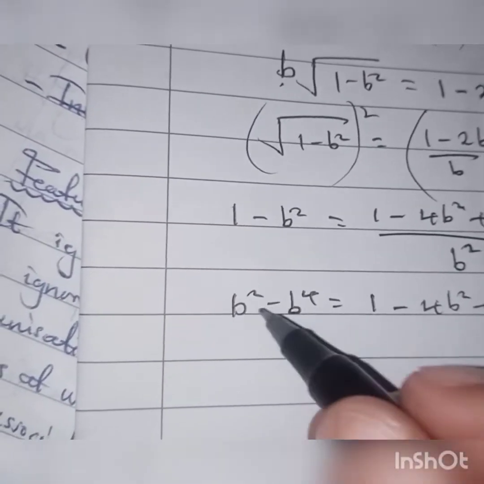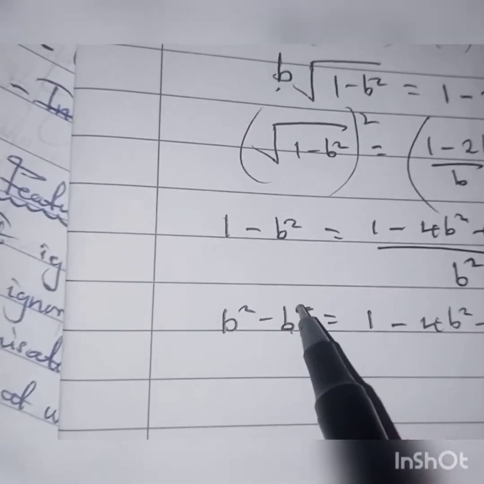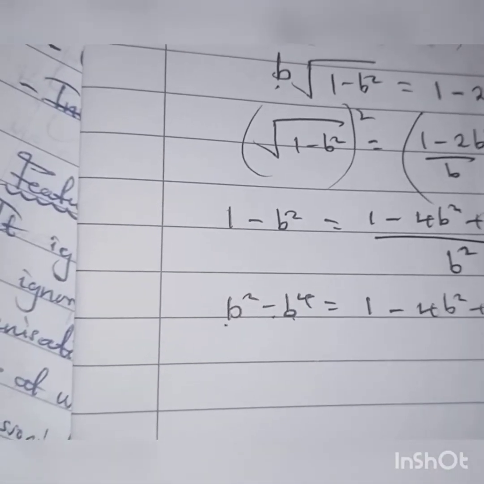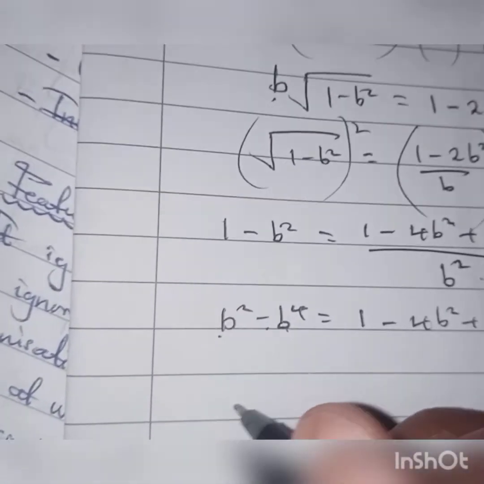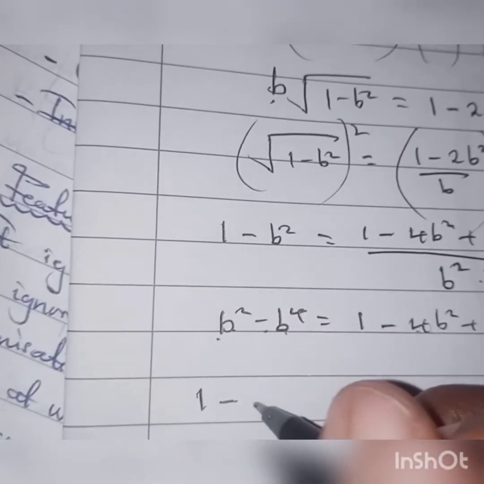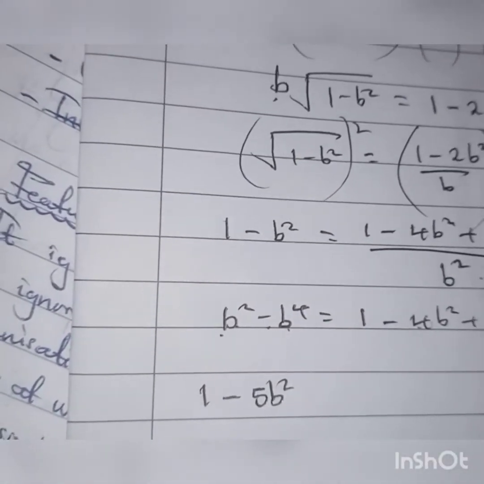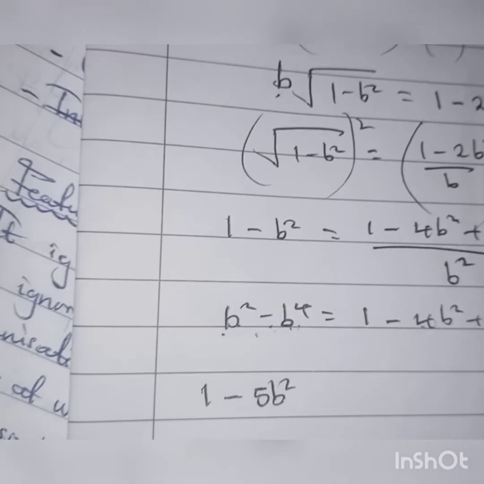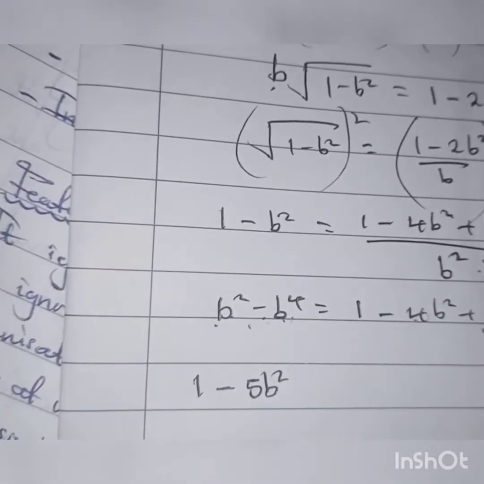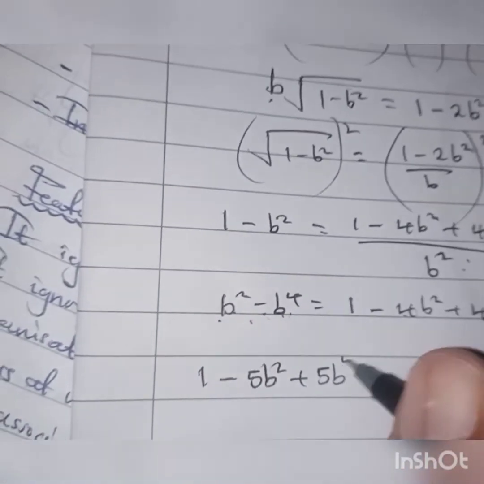So just take these two to the other side. This is minus, when it goes there it will be plus, and this one is positive, when it goes there it becomes negative. Therefore, it will be 1 minus 4b squared minus 1b squared to be minus 5b squared, then minus b raised to 4 plus, when it goes there it will be plus 4b to the 4 plus b to the 4, which is plus 5b raised to 4.